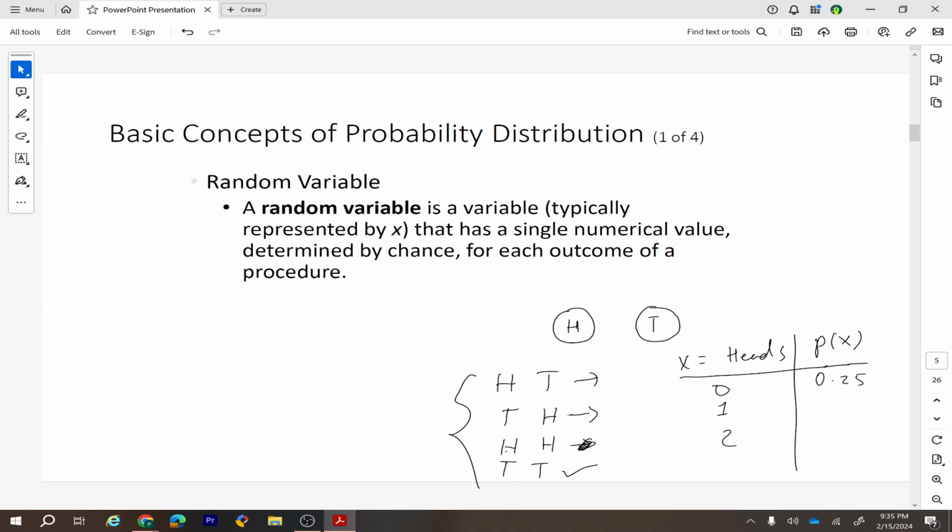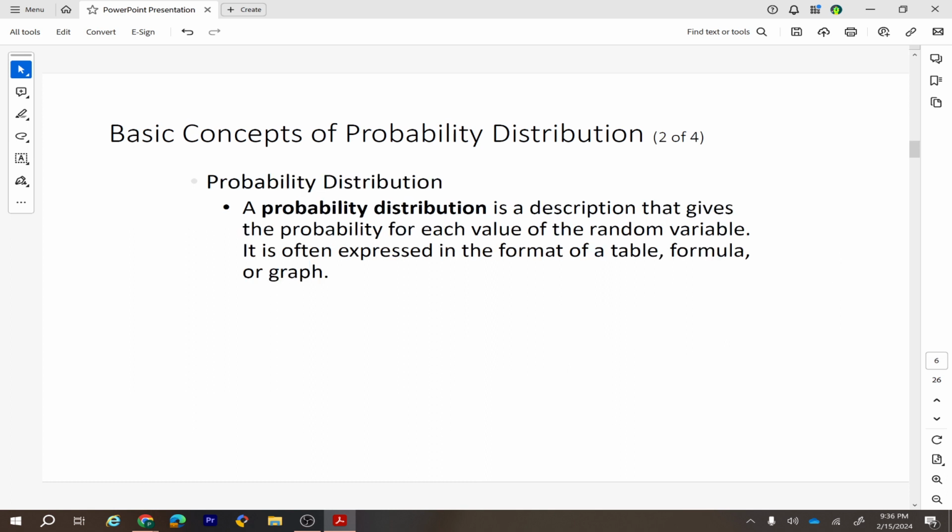So there are 2 possibilities out of 4, which is a 50% chance, so probability is 0.5. And in how many cases do you have 2 heads? Only 1 out of 4, so that means 0.25. This column represents the probability distribution. So the probability distribution is a description that gives the probability for each value of the random variable.